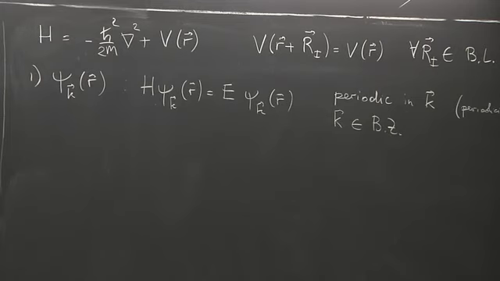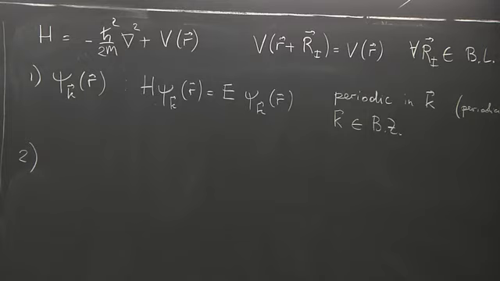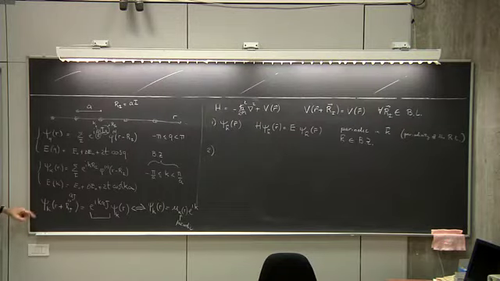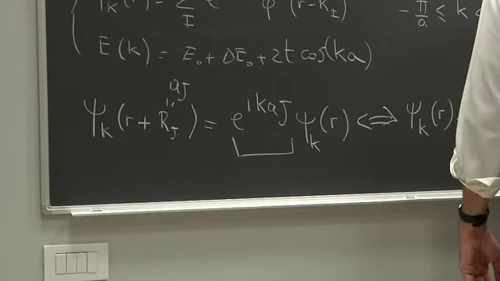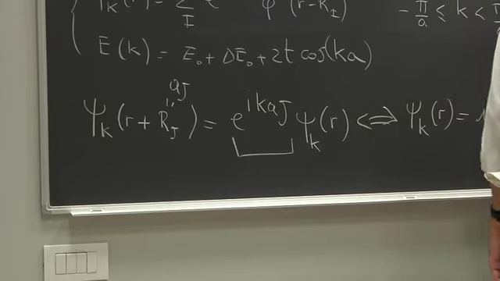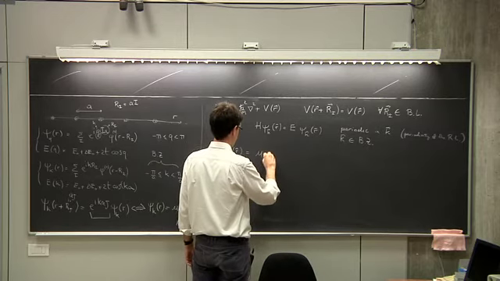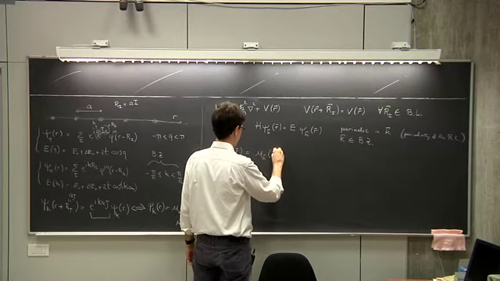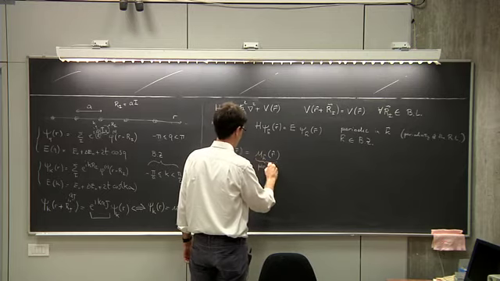But there's another property, which is also extremely useful, and this is the one that we observed here. Namely, psi of K can be written as u_K of R, where this is a periodic function.